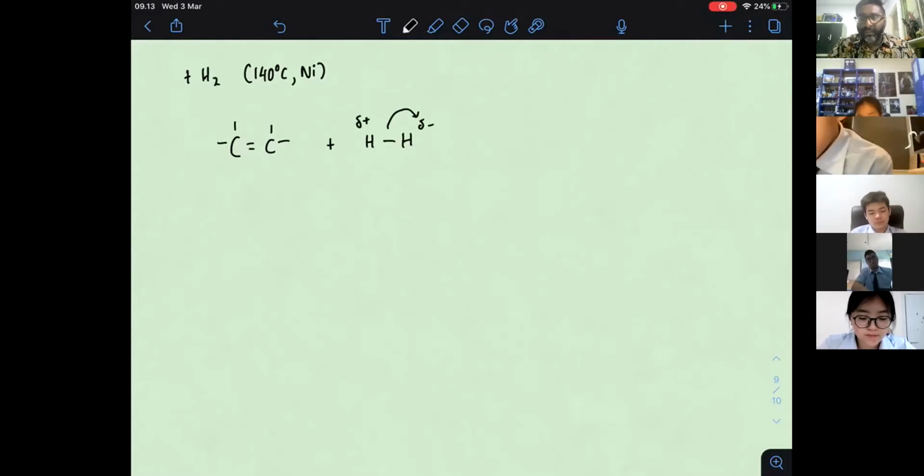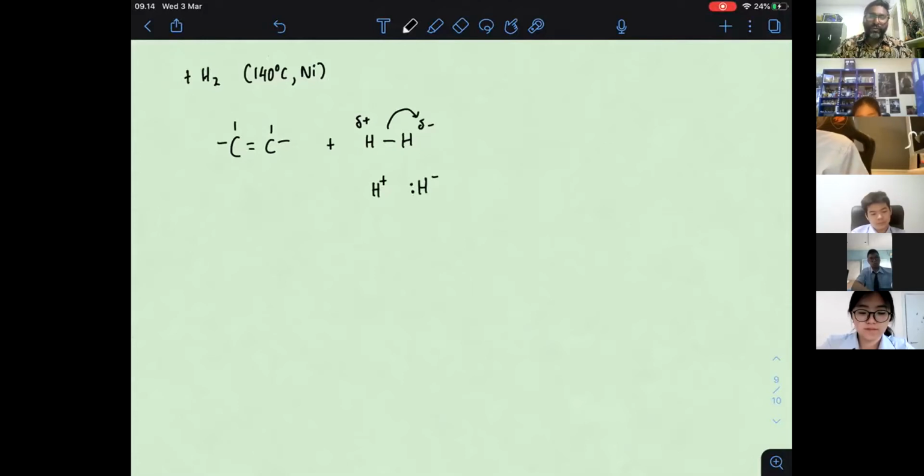Basically you are going to get H plus and H negative. So one of them will become the electrophile, and the other will react later. The electrophile over here is going to be the positive H plus, which is going to be attracted towards the double bond.